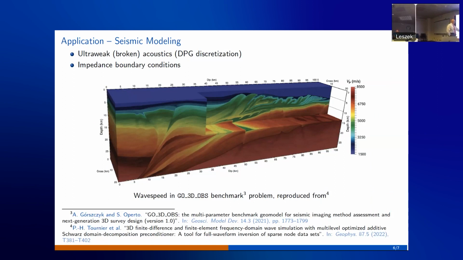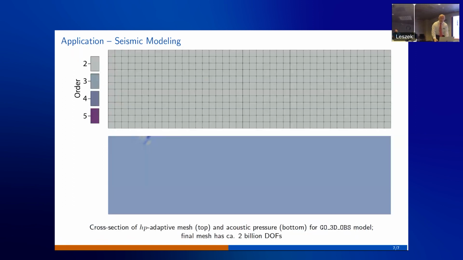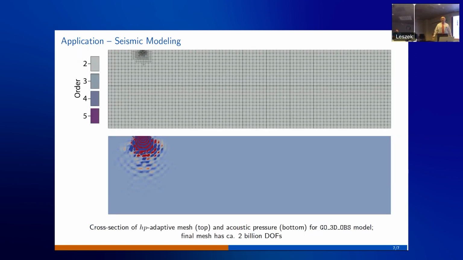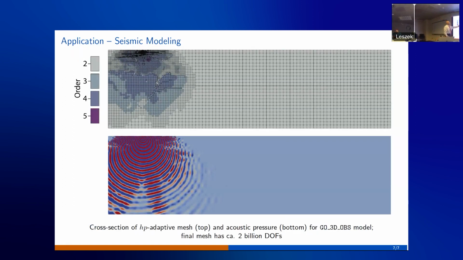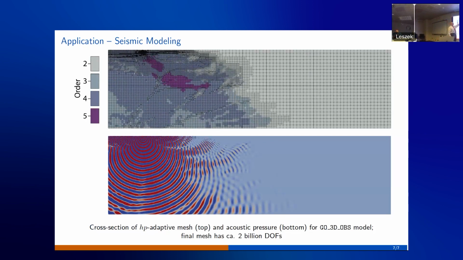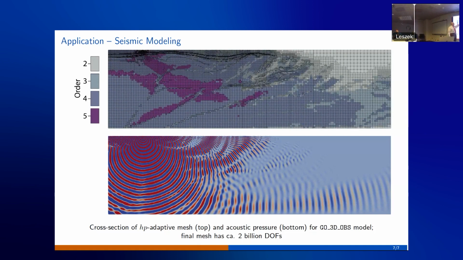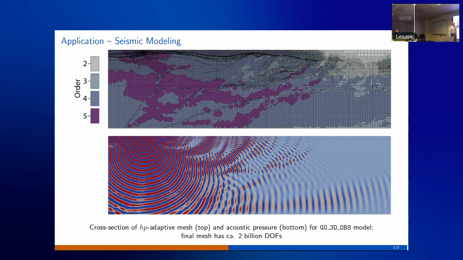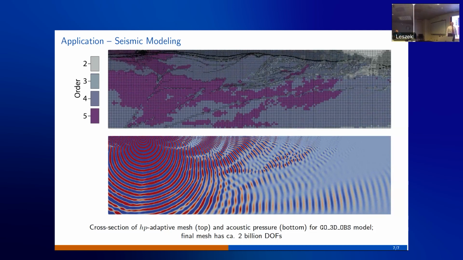So these wave speeds are specified in this benchmark you can download, and then he starts with a very coarse mesh that doesn't reproduce the wave structure, and then in the typical DPG mode you start refinements. You can do that because you have stability from day one, and you then produce the right mesh to capture all these non-locally variable. This is HP refinement. Those are HP refinements, yes.